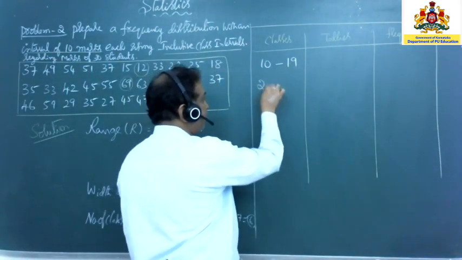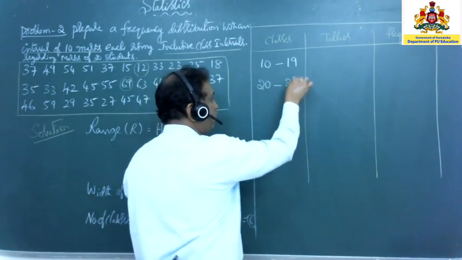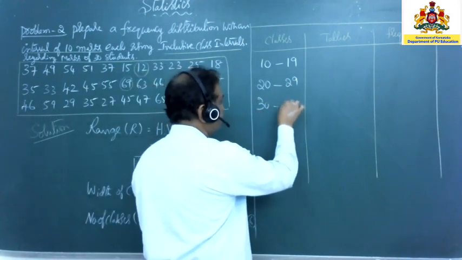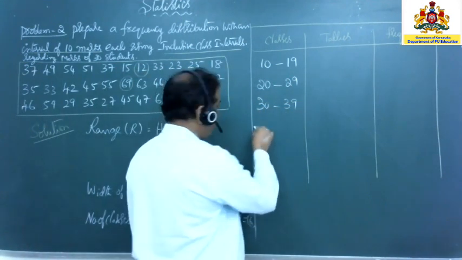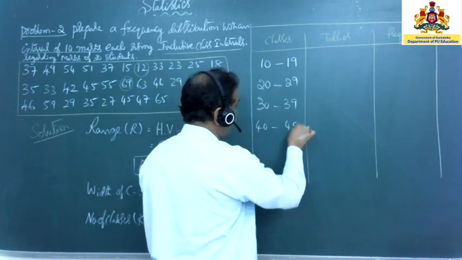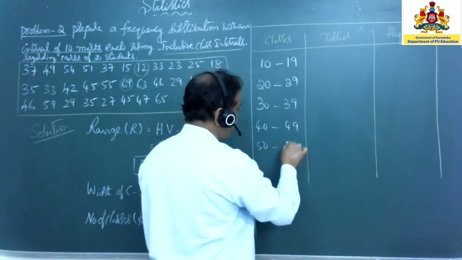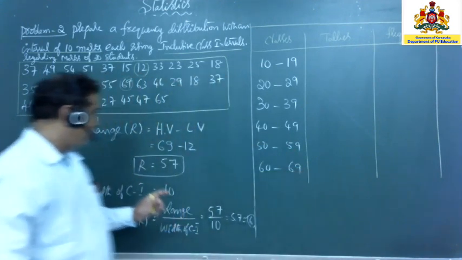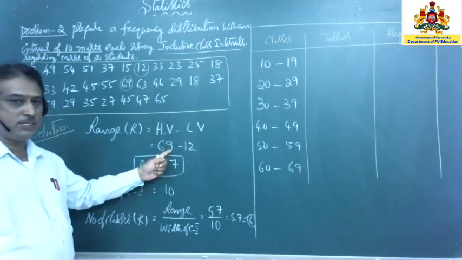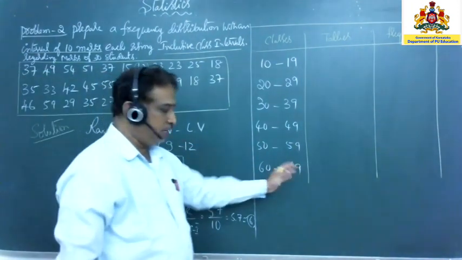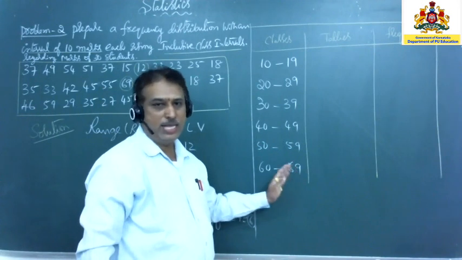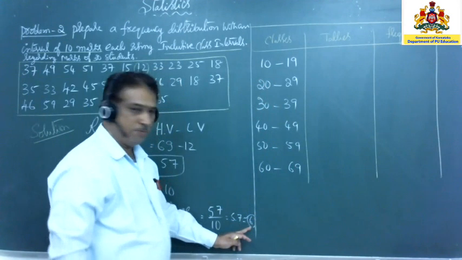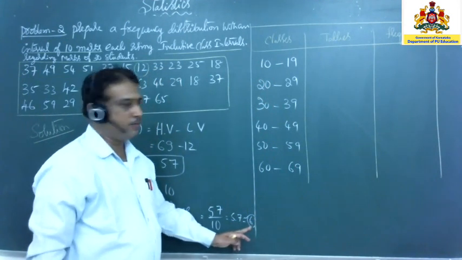Next, you have to write 20 to 29, next 30 to 39, next 40 to 49, next 50 to 59, next 60 to 69. Keep in mind the highest value is 69, and up to that you have to write the classes. Here 1, 2, 3, 4, 5, 6. The number of classes is 6 here.